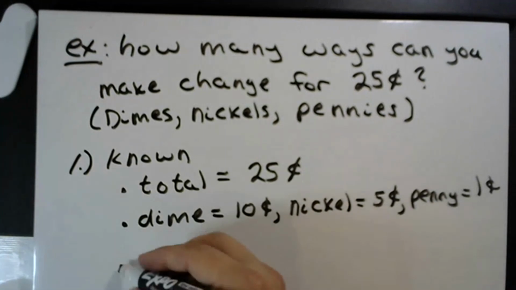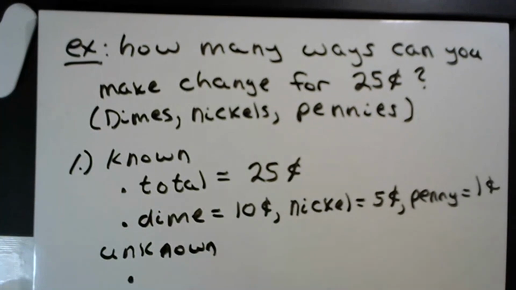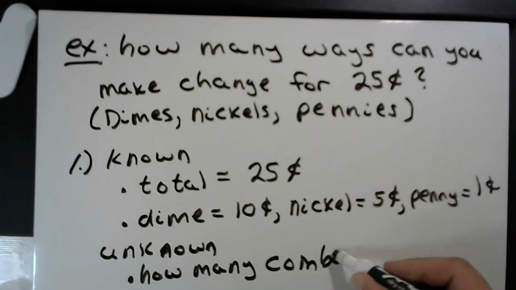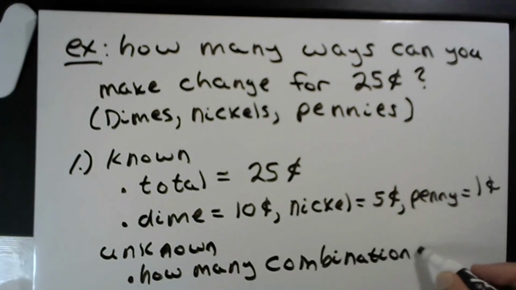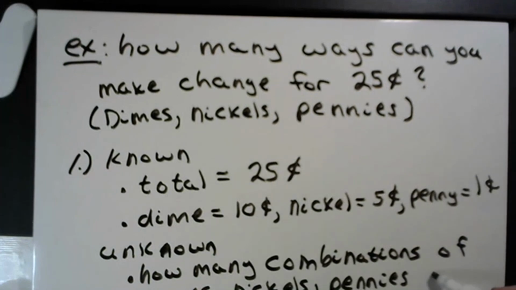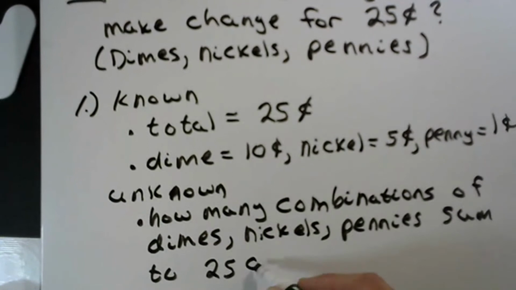So what do we not know? Well, we don't know how many combinations of dimes, nickels, and pennies sum, pardon me, to 25 cents.